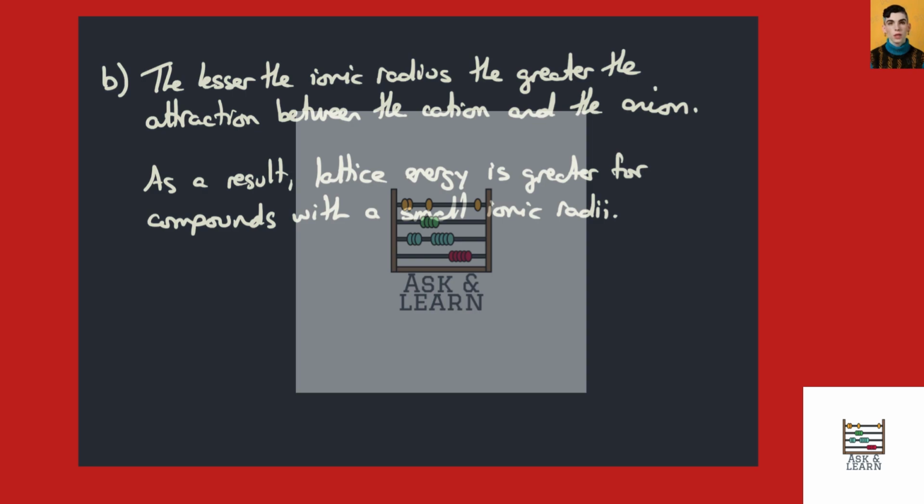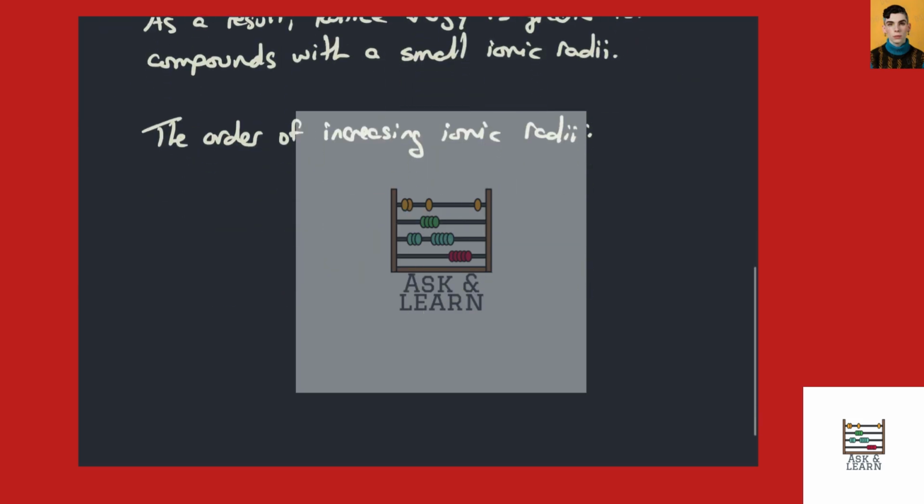So the order of increasing ionic radii from part A is as follows. We have LiCl to KF to NaCl to NaBr.